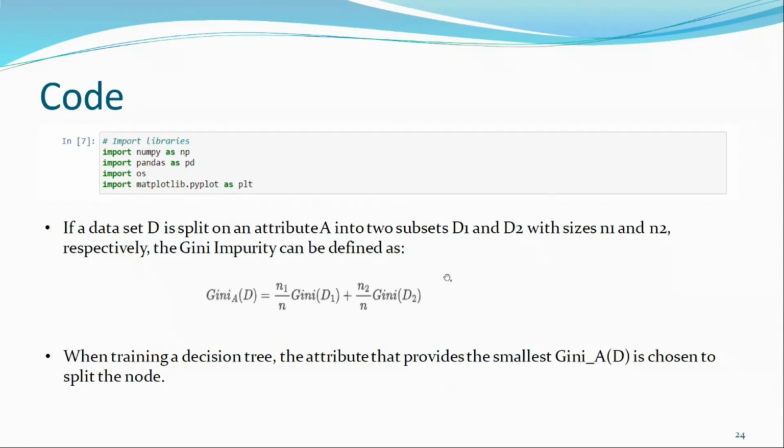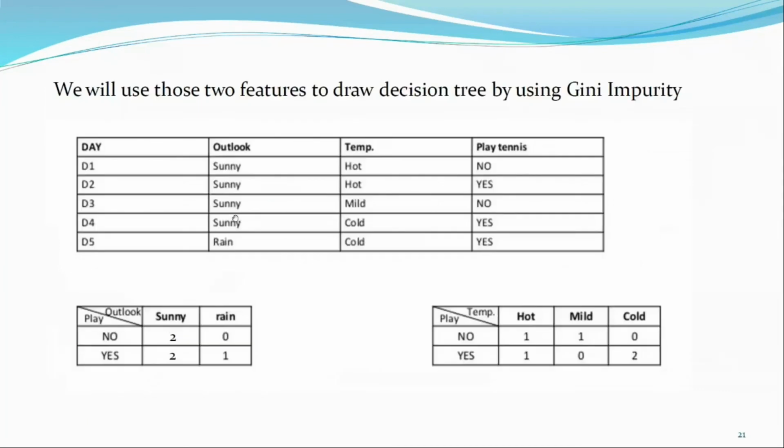So the Gini impurity of the attribute A can be written as N1 by N into Gini of D1 plus N2 by N into Gini of D2, where N is the total number, N1 plus N2. That is what we did here.